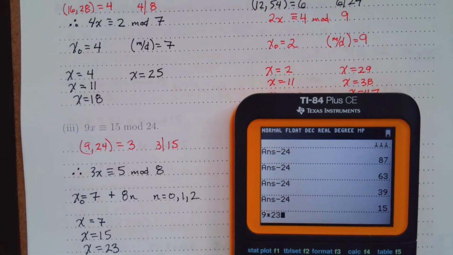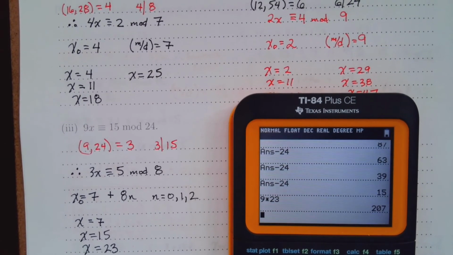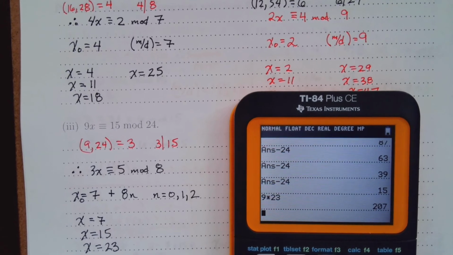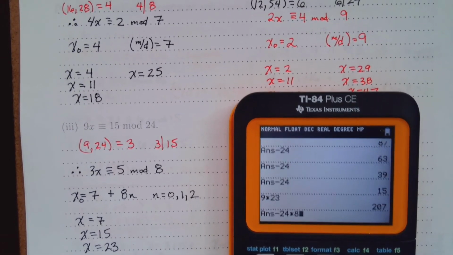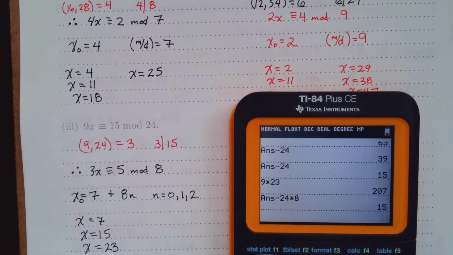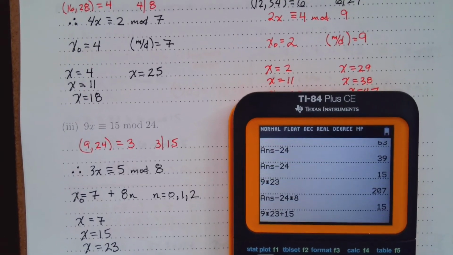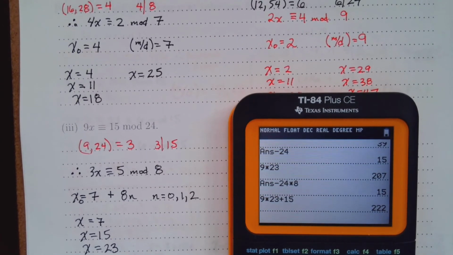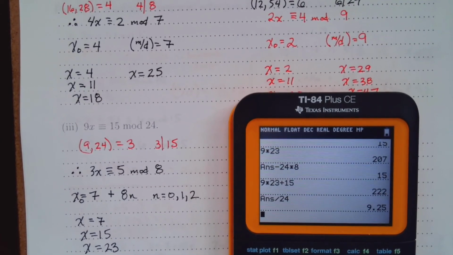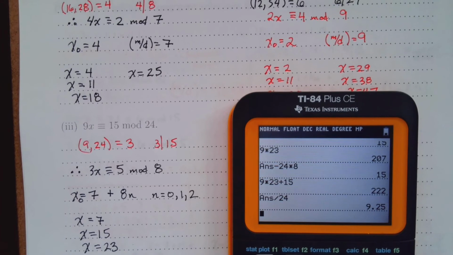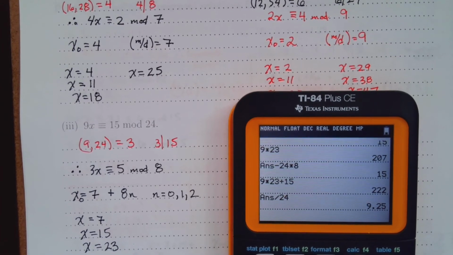Alright, so once again, 9 times 23, we're saying that's a possible solution. If I subtract some multiple of 24, there I have 15. That tells me that 9 times 23 minus 15 is equal to 192, and if I divide that by 24, let's see here, what do I have?